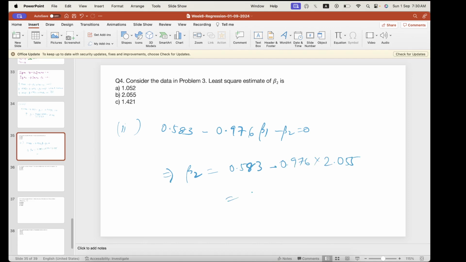2.055. So that would be 0.583 minus 0.976 into 2.055. Okay, so this is minus 1.416. All right.